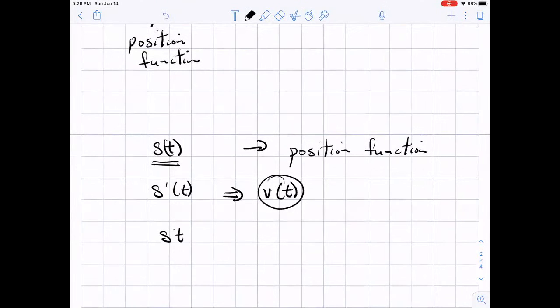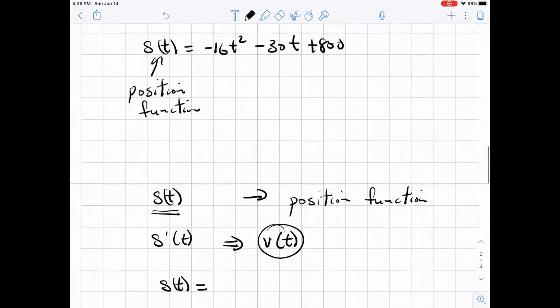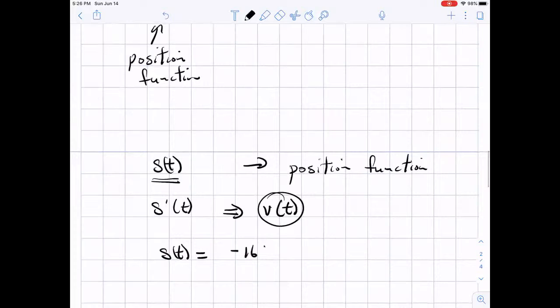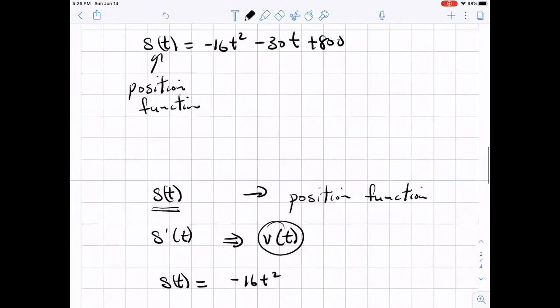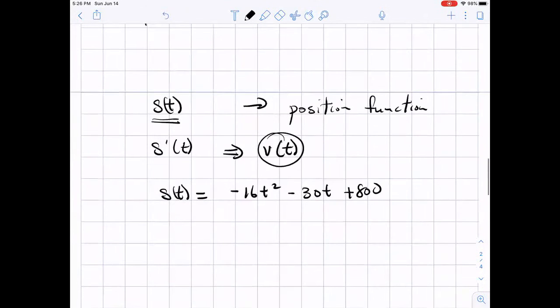Well, S of t is given to you, well, we found it, minus 16t squared minus 30t plus 800. So S prime of t, which is the same as V of t, will be equal to minus 32t minus 30 plus 0.